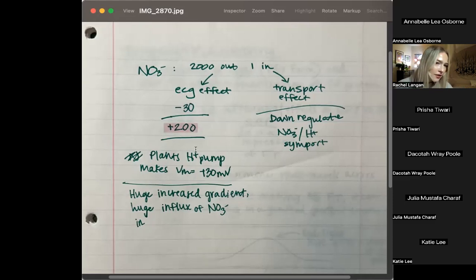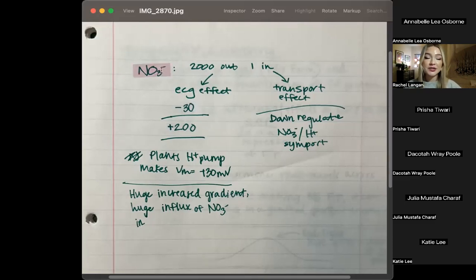Oops, sorry, no. Hold on. Okay. It's a negative ion, so if it wants to become more positive, sorry, I said that completely wrong. Hold on. Let me start over. Okay, if we're at negative 130 and we're wanting to be at negative 30 and we're a negative ion, we want to make the membrane more positive.